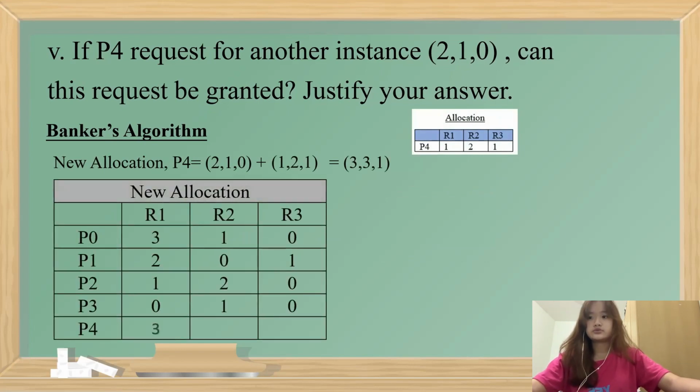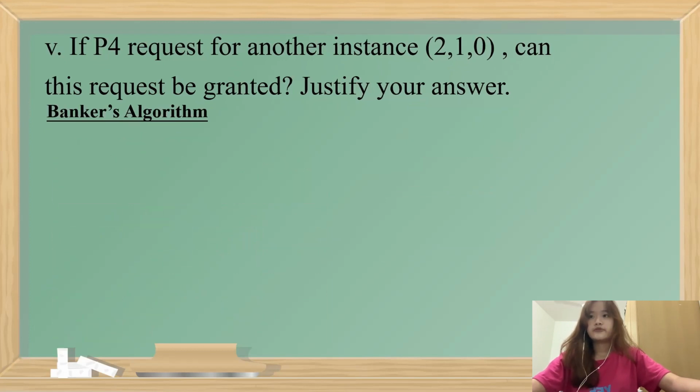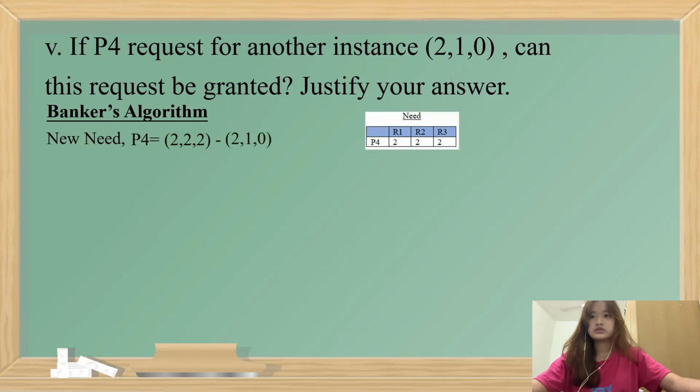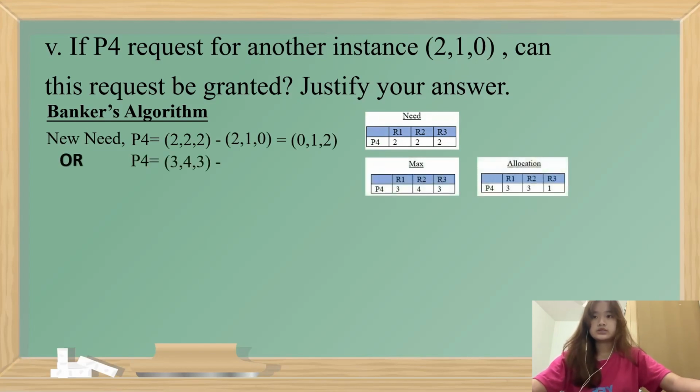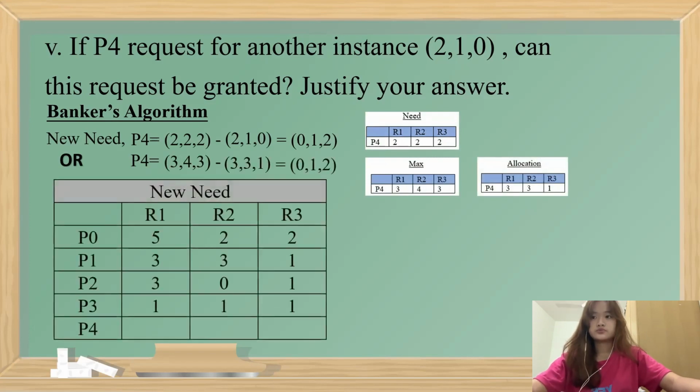Our new allocation is 3, 3, 1. Our new need for P4 is equal to 2, 2, 2 minus 2, 1, 0 equals 0, 1, 2, or P4 equals 3, 4, 3 minus 3, 3, 1 equals 0, 1, 2 also. Our new need must be 0, 1, and 2.